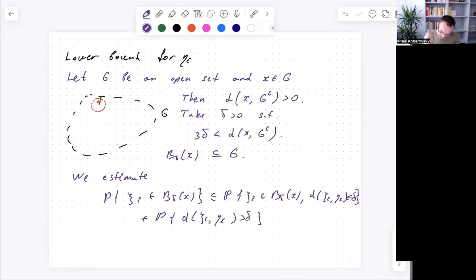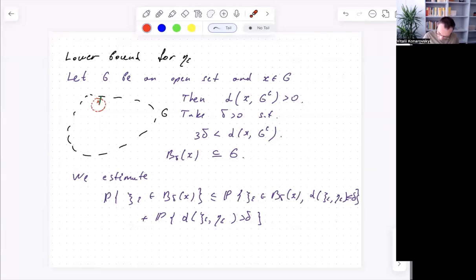But now look, the ball is a subset. This delta is chosen in such a way that 3 delta is smaller than the distance between x and the boundary.